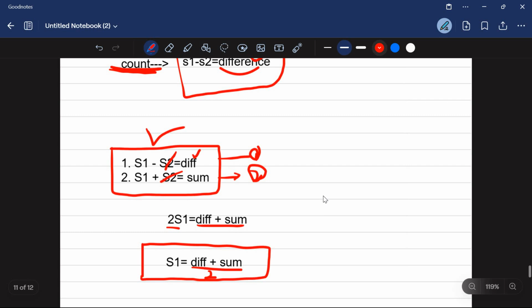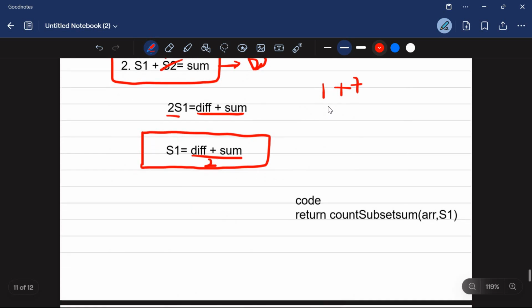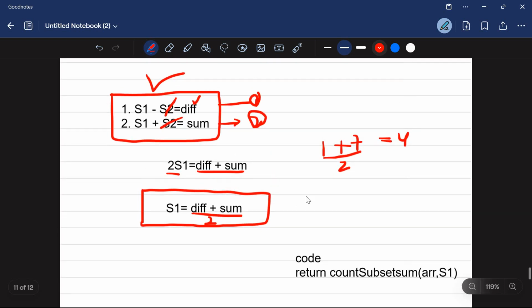S1 is the difference, 1, plus the sum, 7, which is 8, divided by 2, so S1 comes to 4.